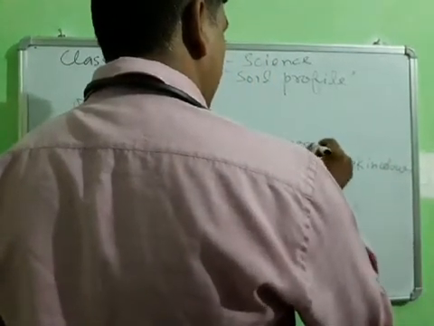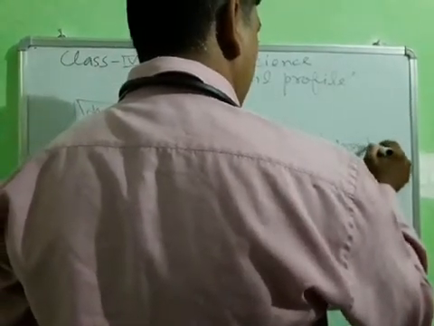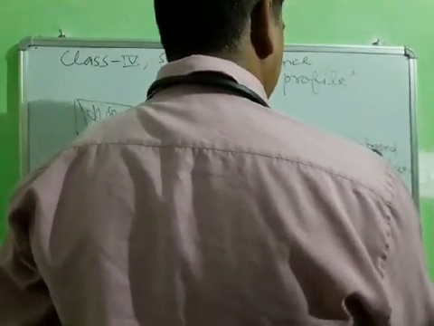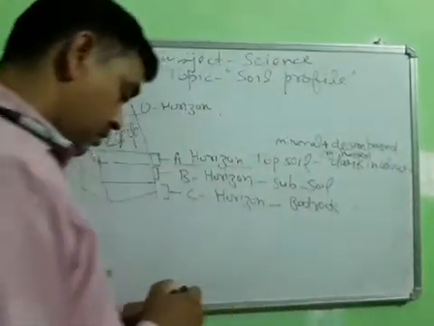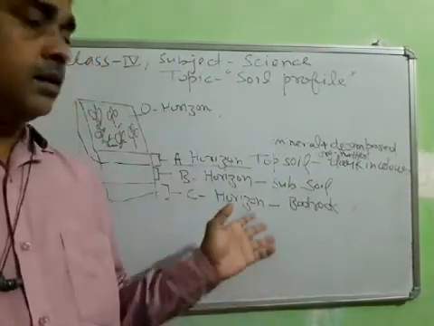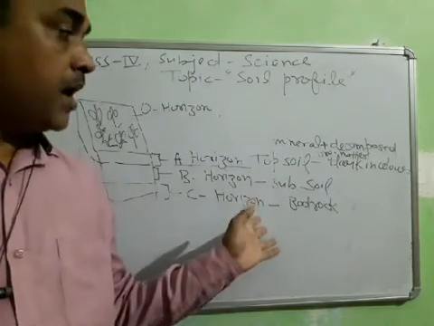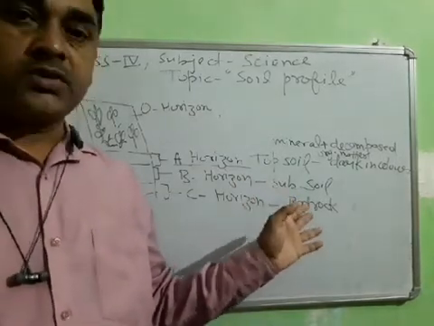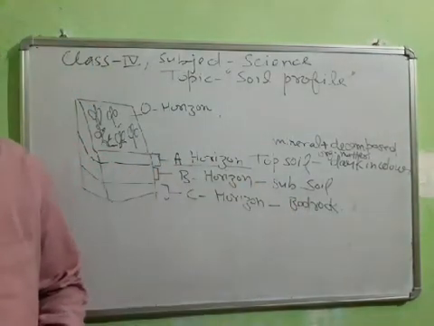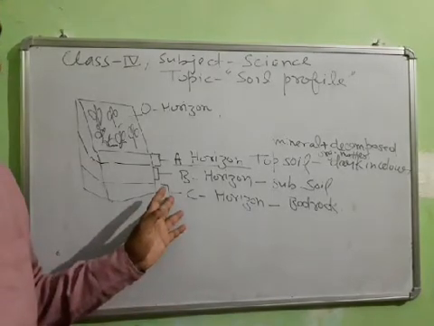Minerals plus decomposed organic matter. Students, many plants, fruits and vegetables grow in the A horizon. So this is very good for plant growing.